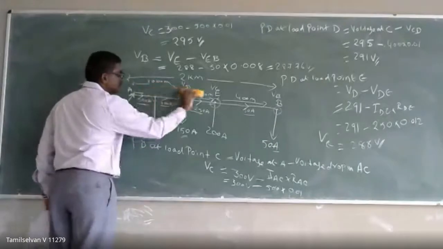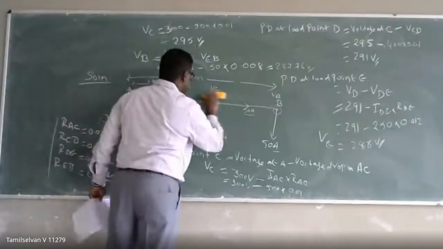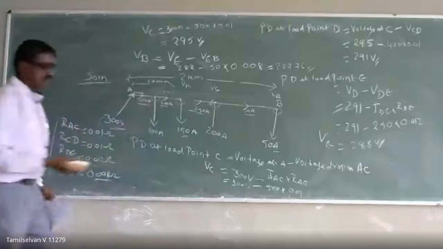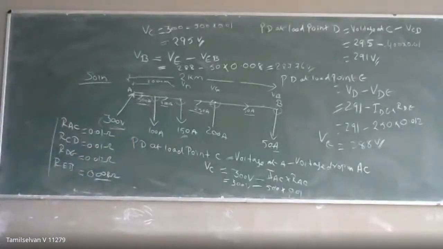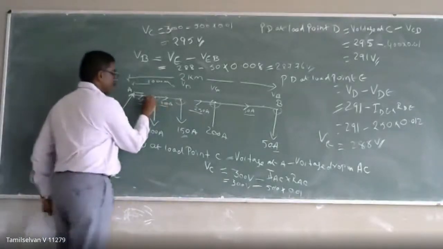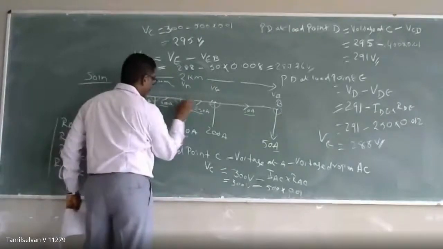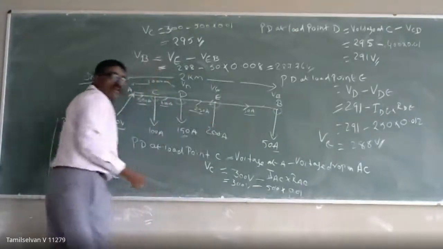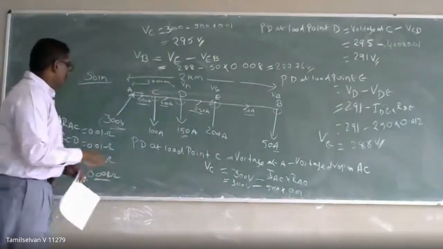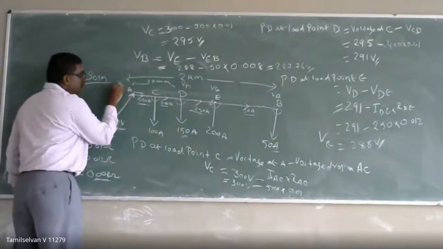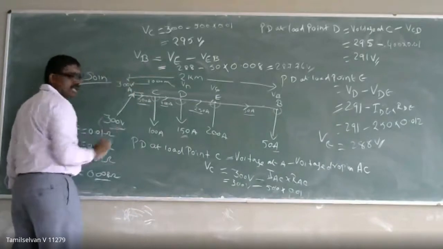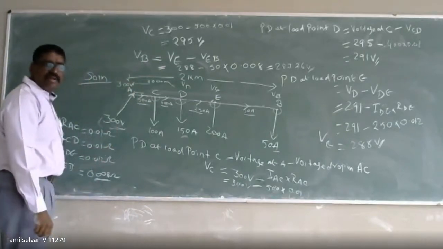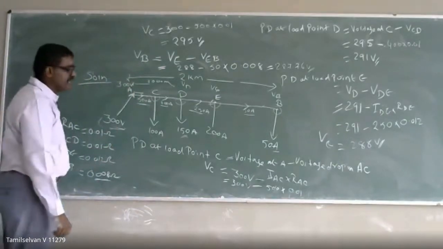For better understanding, I will erase this. That is the easy part. At this feeding point, the potential is going to appear 300 volts.